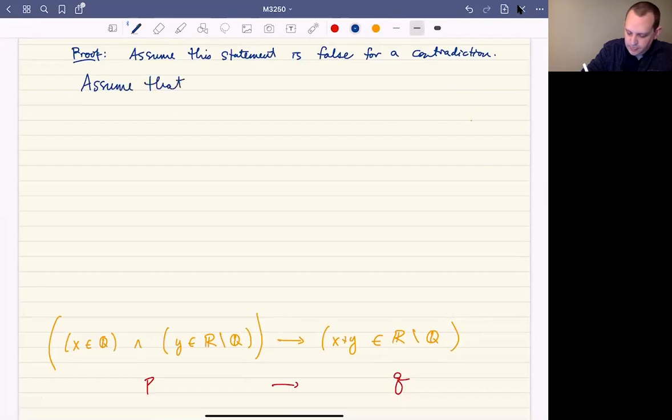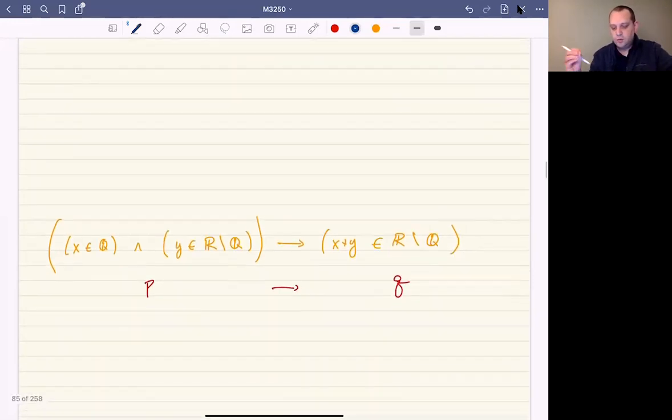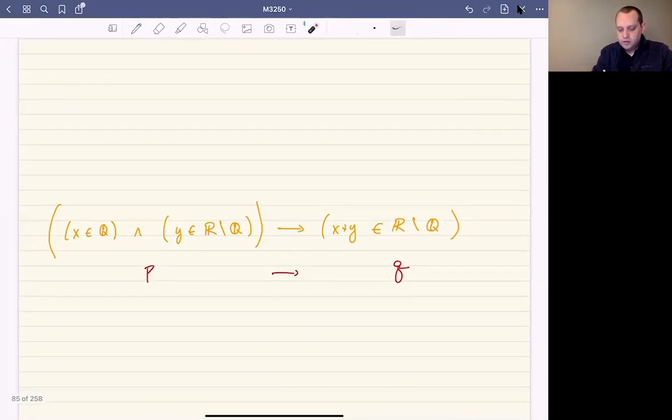that x is rational, y is irrational. In order to assume that this first statement is true, this is an and statement, so both statements have to be true. So we're going to assume that x is rational and y is irrational. And then we're going to assume that Q is false.